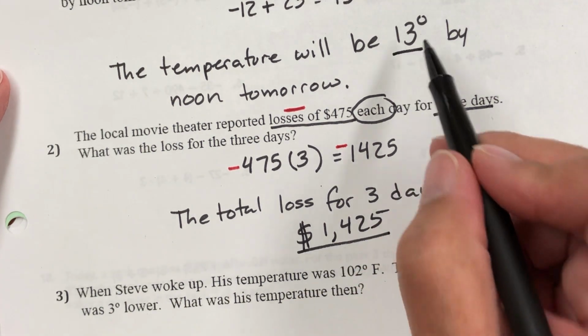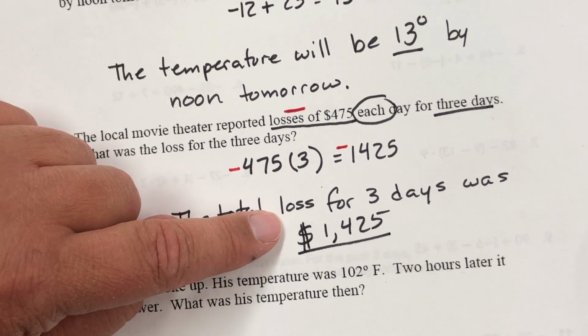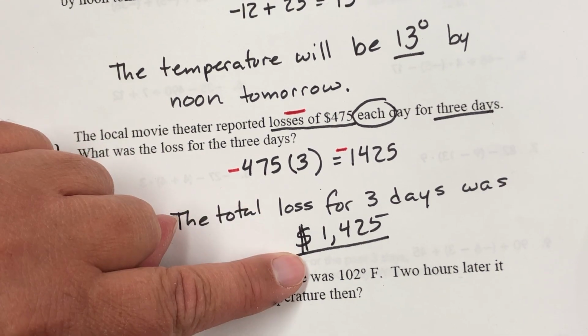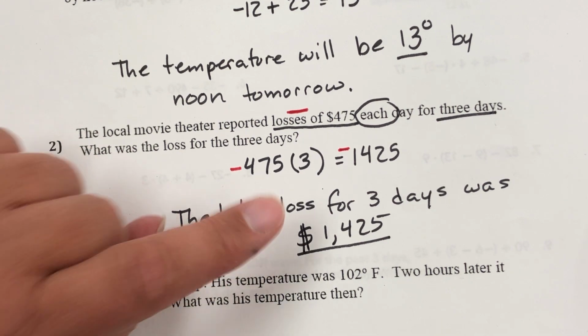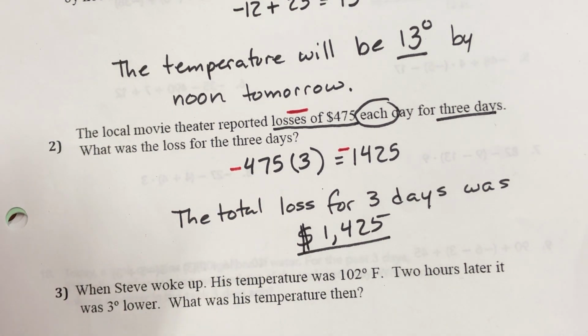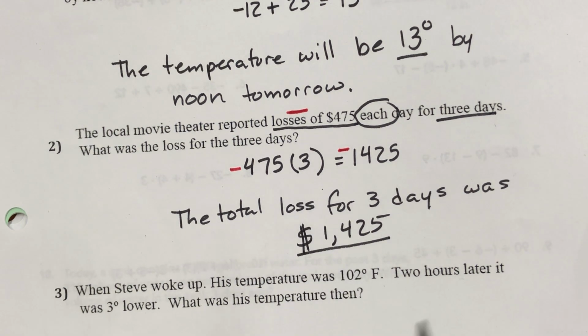Now, do I need to make that negative, or does this word loss make it negative? If I use the word loss, then I don't have to put a negative sign. But if I didn't put that word loss, then I would have a bigger problem, because then I'd have to have a negative sign. So be careful. Sometimes words mean negative signs.